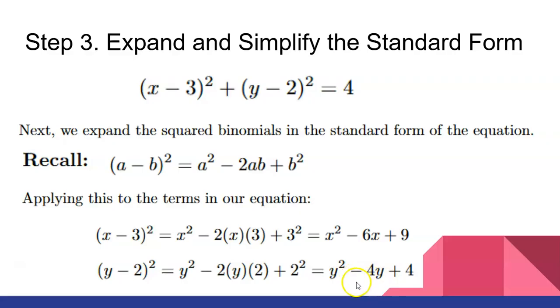So the second term is negative 4y, then the last term is positive 4, because 2 squared is 4. So y minus 2 squared is just equal to y squared negative 4y positive 4.